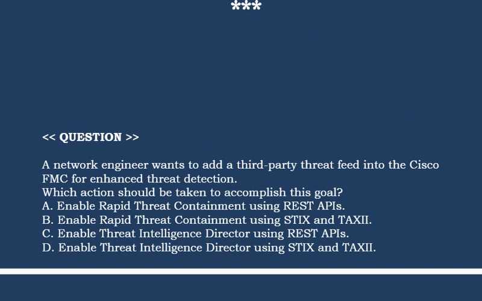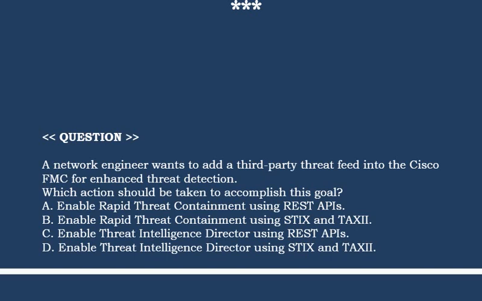Question is, a network engineer wants to add a third-party threat feed into the Cisco FMC for enhanced threat detection. Which action should be taken to accomplish this goal? Option A. Enable rapid threat containment using REST APIs.